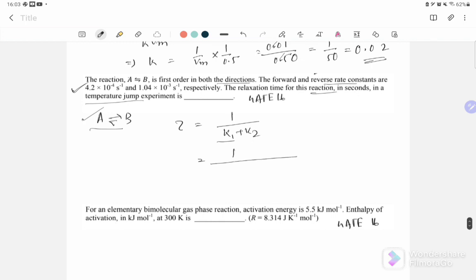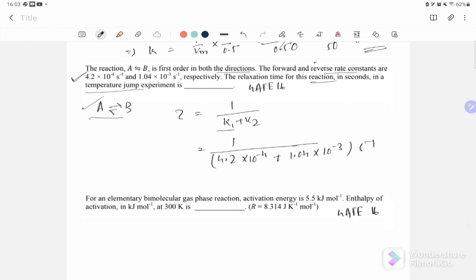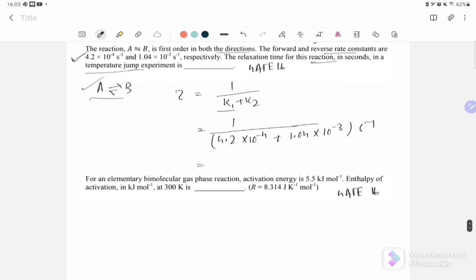So K1 is 4.2 into 10 to the power minus 4 plus 1.04 into 10 to the power minus 3, both in second inverse. If you calculate this, it will be 684.93 seconds.